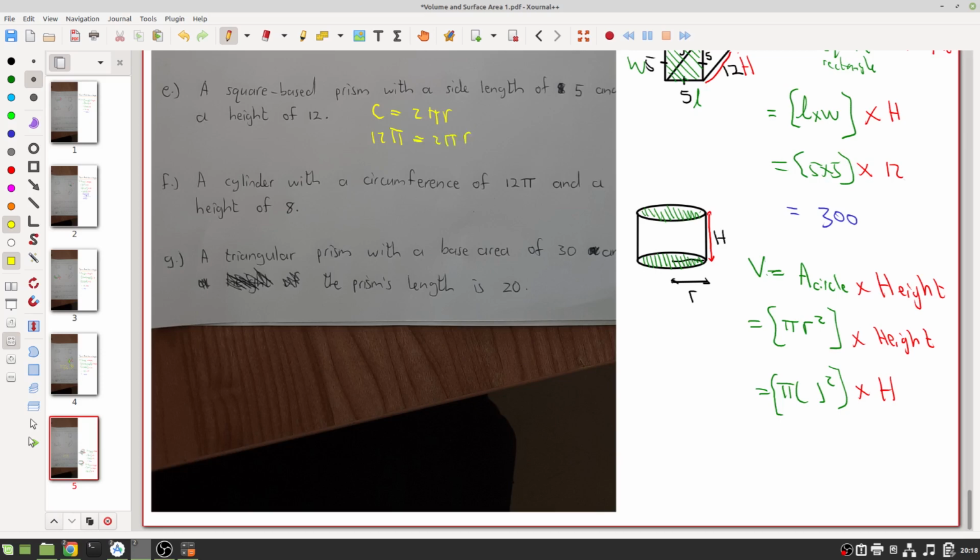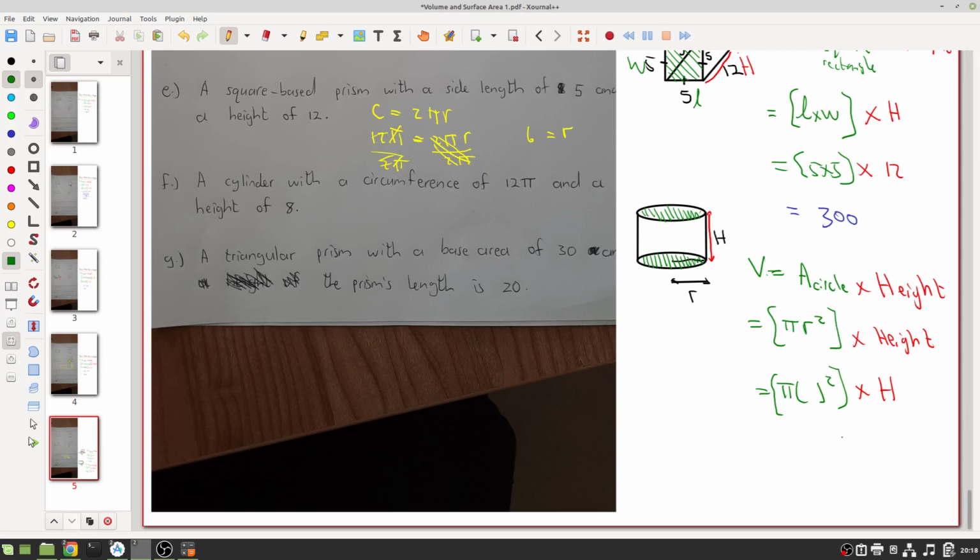Now we want the radius by itself, so we divide both sides by 2 pi, because then the 2 pi and 2 pi cancel out. That leaves us with R, the radius. On the other side, pi cancels with pi, and 12 divided by 2 is 6. So the radius is 6.